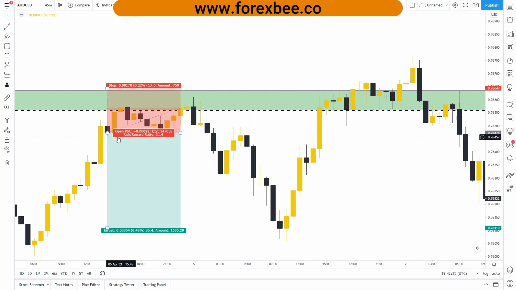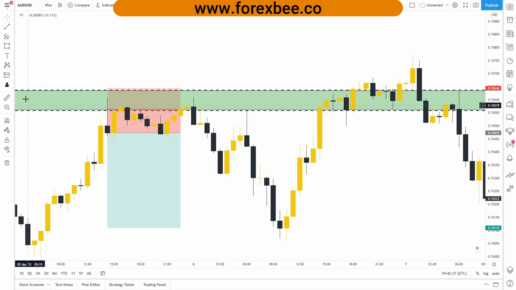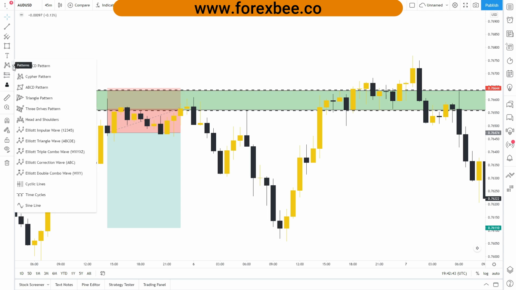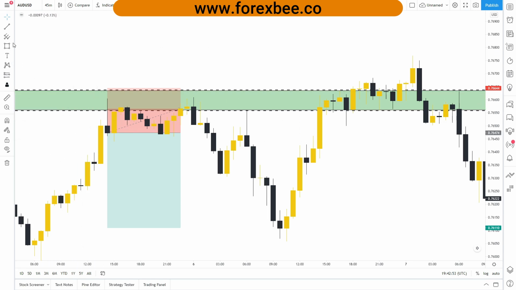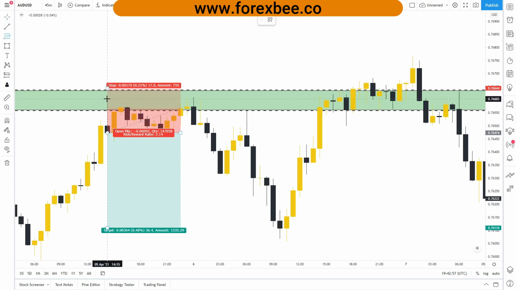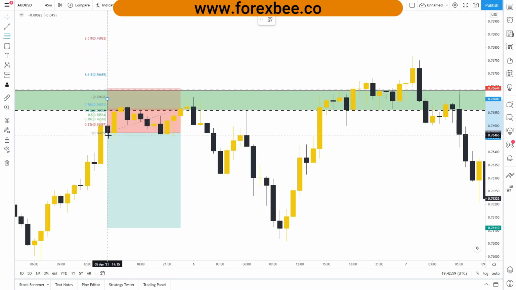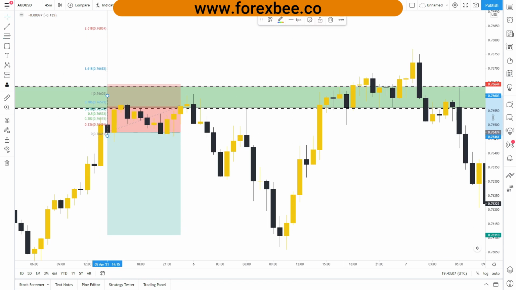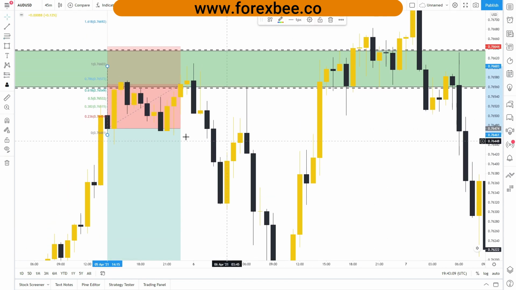Here we can use the Fibonacci indicator to increase our risk reward. What I'll need to do is get the Fibonacci retracement, and I'll draw that from here to the low of our candle, and here it is drawn. So let me increase that.